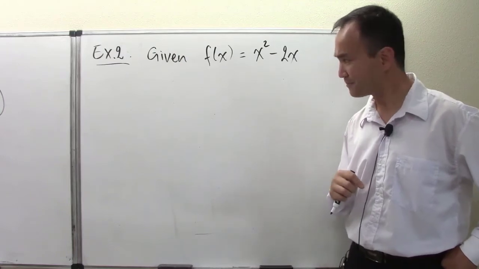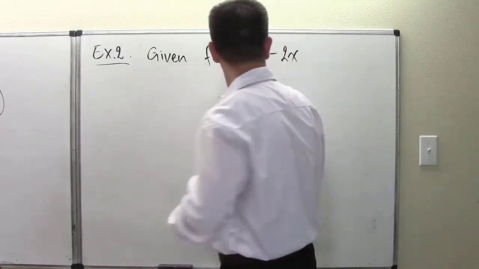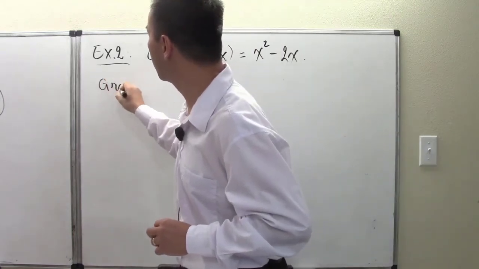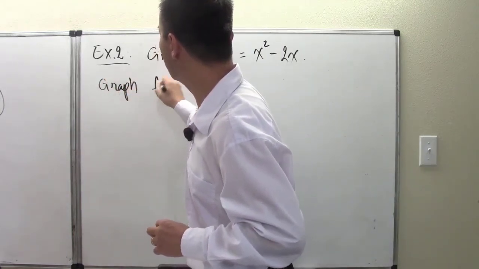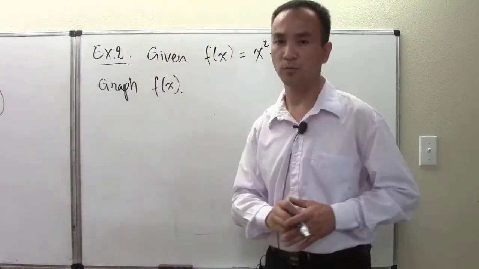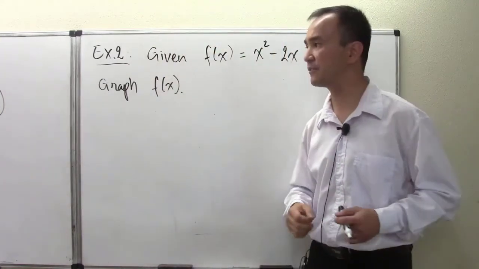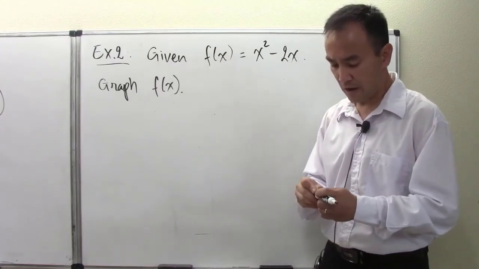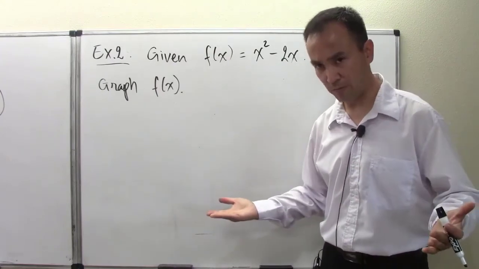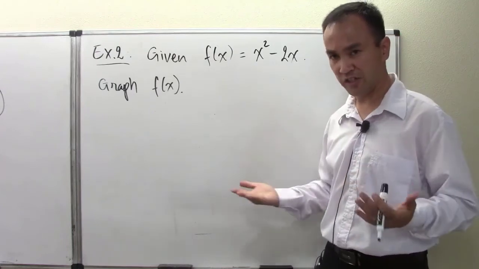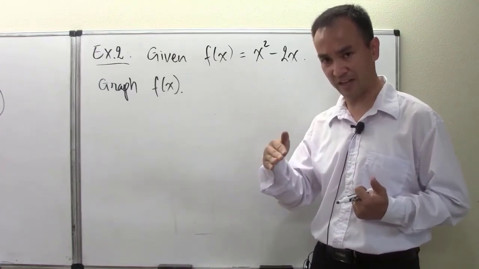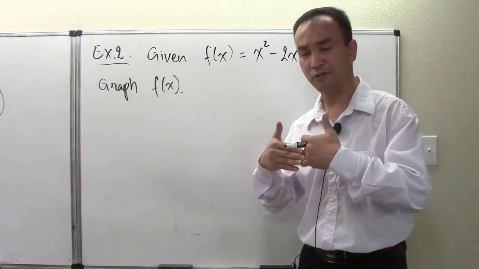All right. So in the end, once we have that function given, I just want to say graph f of x. Or, formally speaking, sketch the graph of this function f of x. And now here comes the formal process again. Just like what I was saying, a graph is a graphical transform.